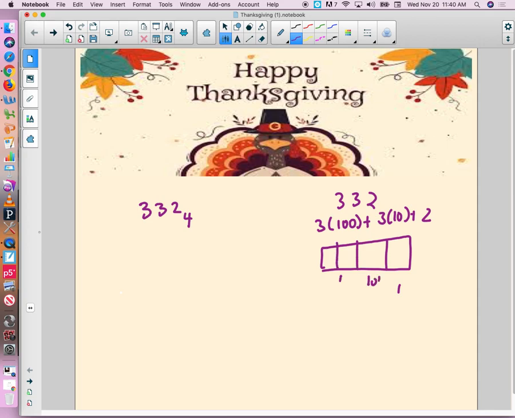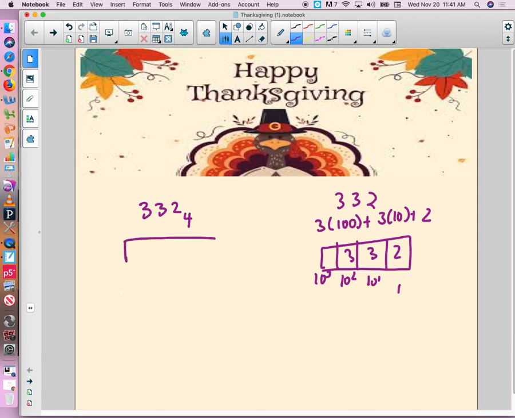You have the hundreds digit, 10 to the second. You have the thousands digit, 10 to the third. Isn't that how our base works? So if you have 3, 3, 2, then you have 332, because you have 3 hundreds, 3 tens, and 2 units.